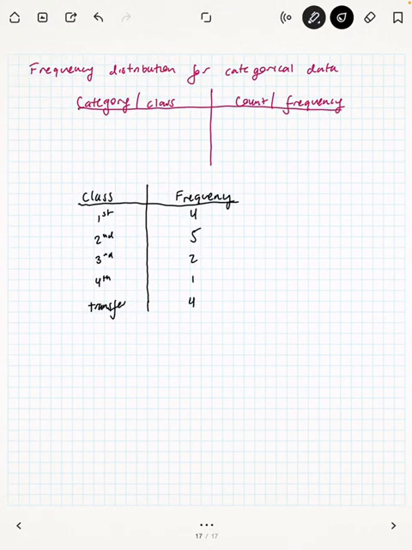Okay, so that's our frequency distribution, and you'll know that you did this correctly if, when you add up the frequencies, you get the sample size back. So if we add it up, that's 4, 9, 11, 12, 16. That is our sample size. So we did this correctly, okay?